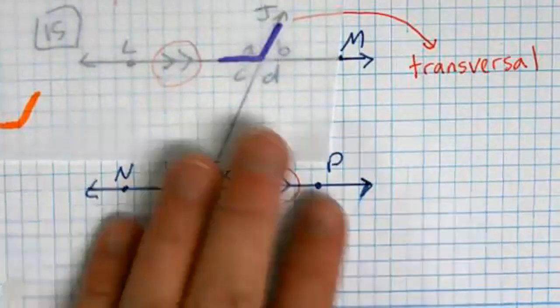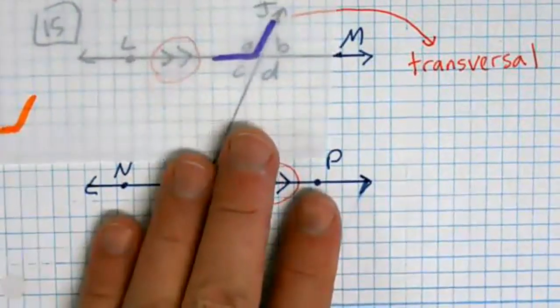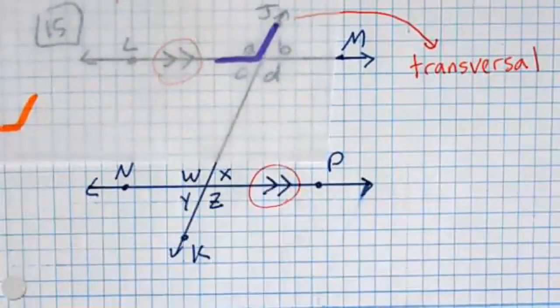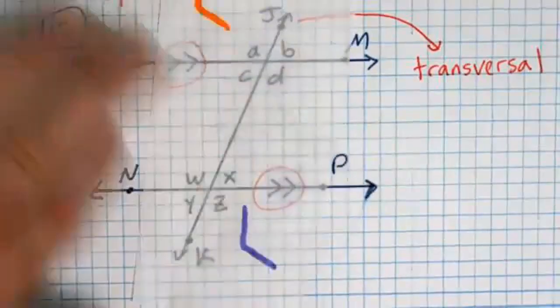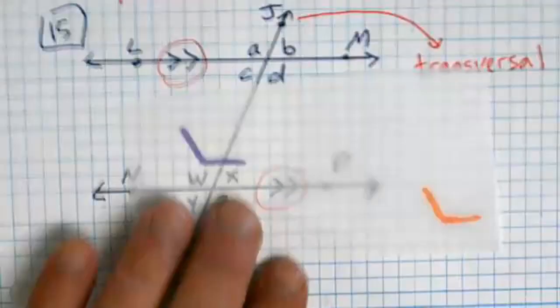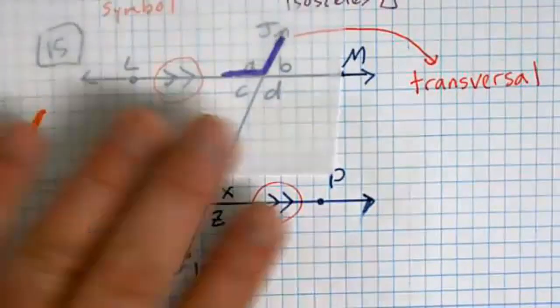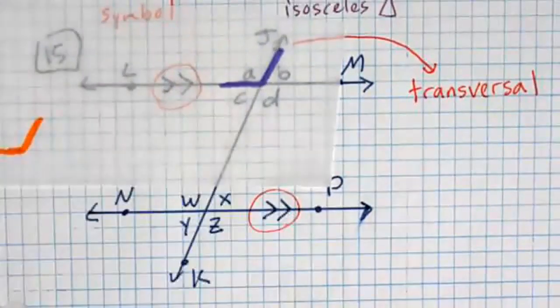And I would like you to find me some other angles in this picture that would have the same size as angle A. So go ahead and move that paper around. You can do any of our transformations, rotations, reflections, translations. Find me some more angles that have the same size as angle A.